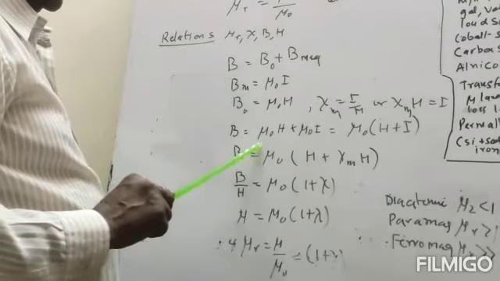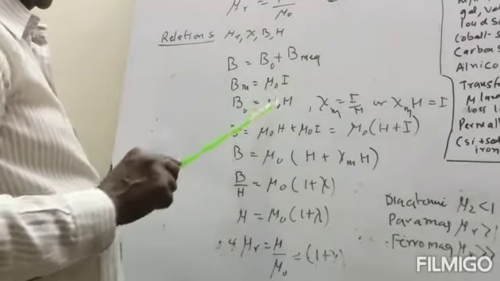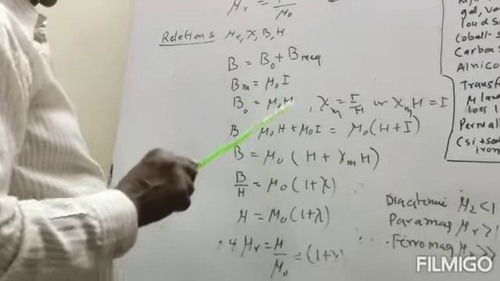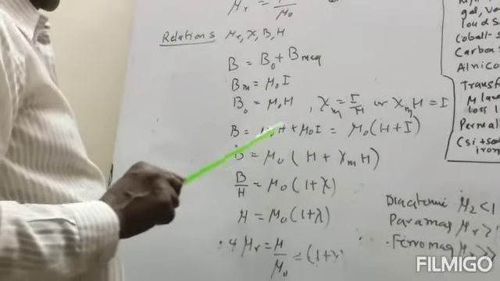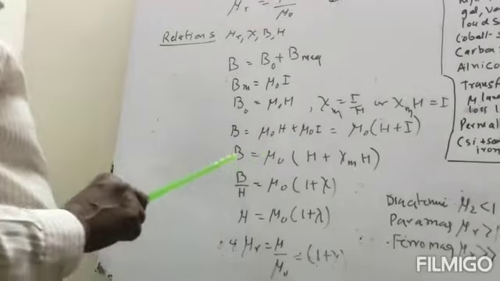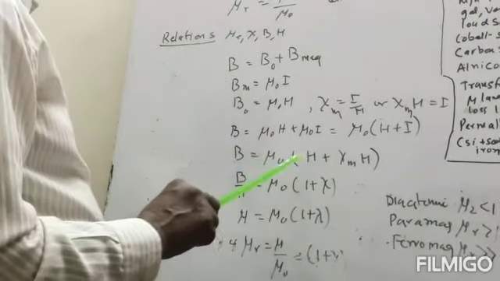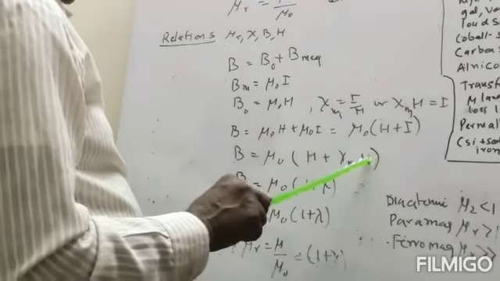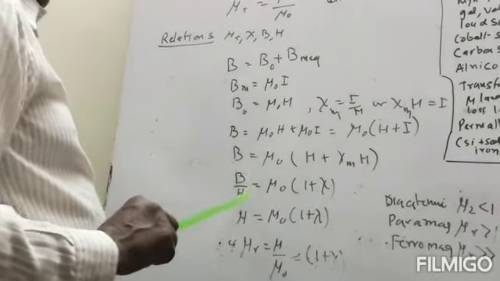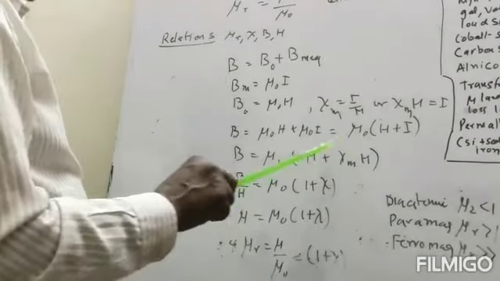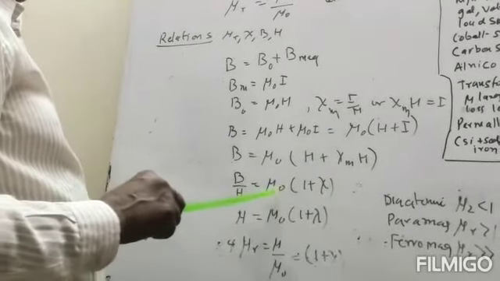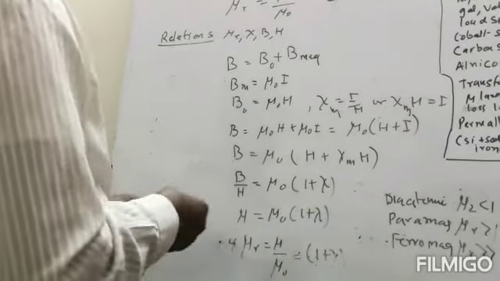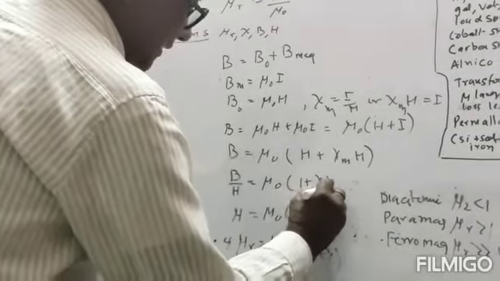So B is equal to mu0 I plus mu0 H. This is mu0 H and mu0 I. We take H common, so B is equal to mu0 H plus chi m into H, H comes common. So divide B by H. B by H will be equal to mu0 into 1 plus chi m, magnetic.